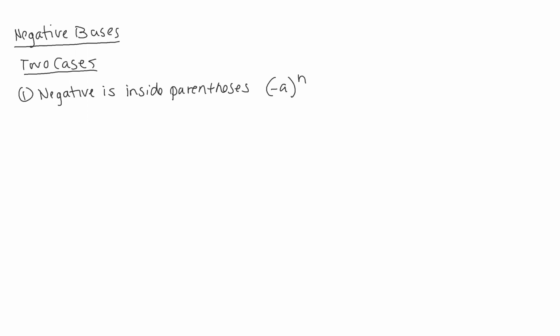Here, the way you determine if your product is positive or negative all depends on n. If n is even, the final product is positive. If n is odd, the final product is negative.